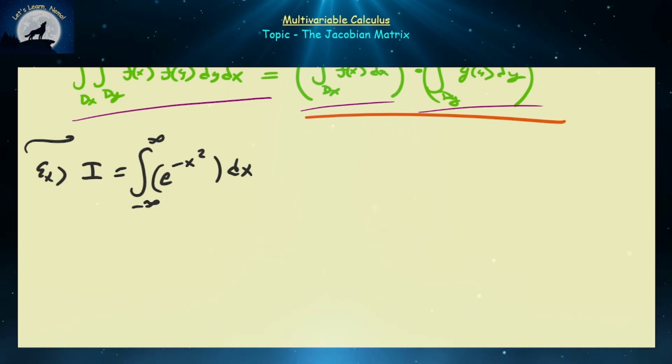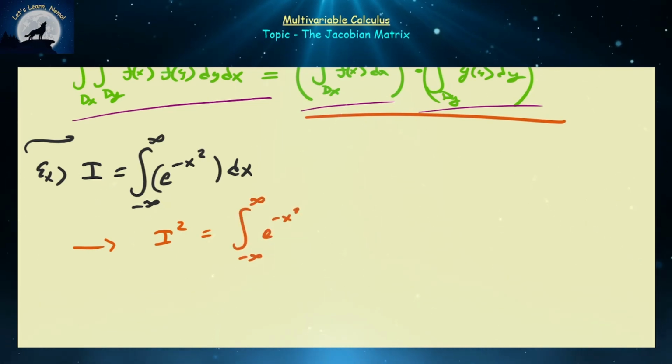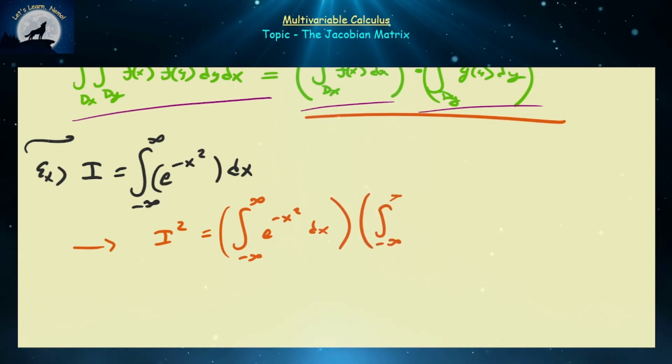So if I is equal to this, then we can square this particular integral. So we can write this as the integral from minus infinity to infinity of e to the minus x squared dx, multiplied by itself. Again, the integral from minus infinity to infinity of e to the minus x squared dx.